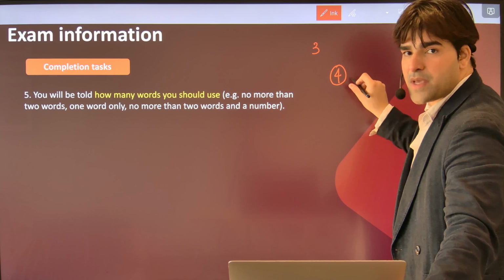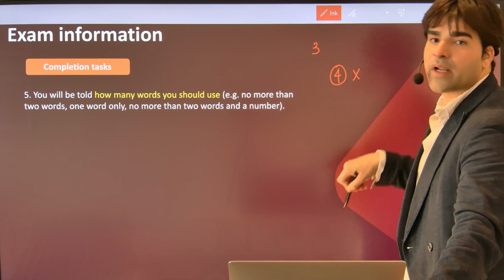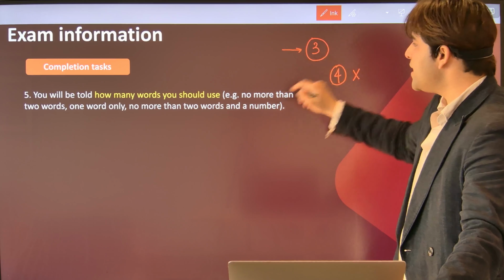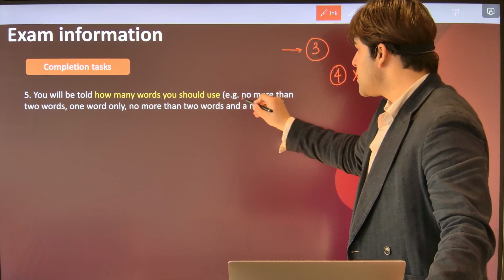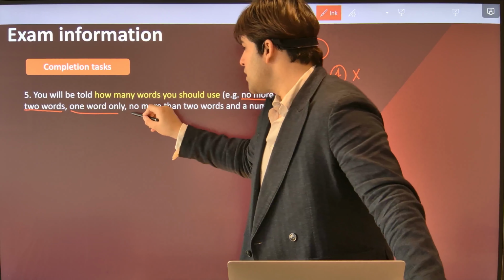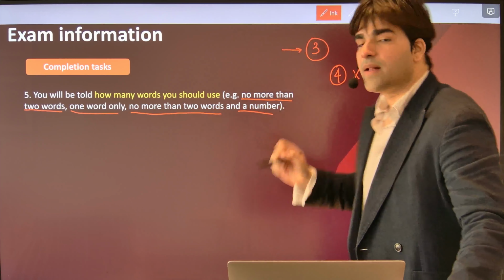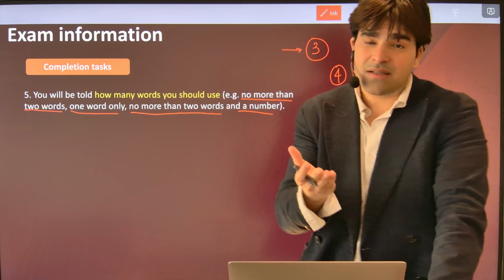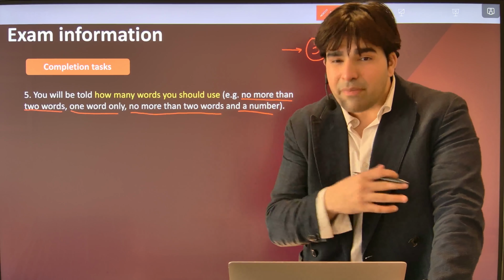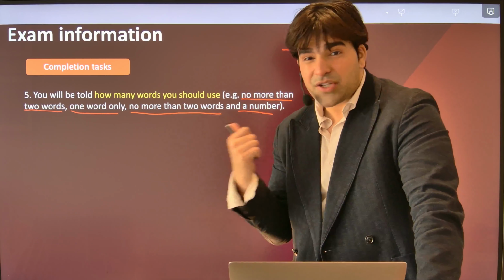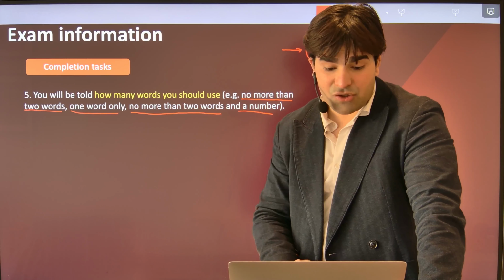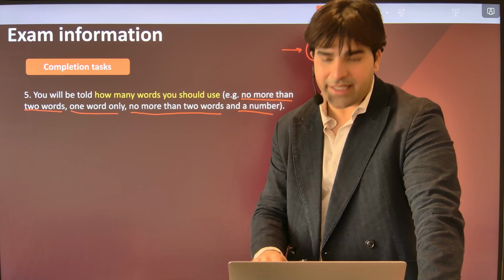Even if the piece of information is correct, you get a 0 for it. So it's very important to read the instructions carefully. Instructions will look like this: no more than 2 words, 1 word only, no more than 2 words and a number. This is how it's going to be. You must have seen it already. If you've seen completion questions before, you may have seen that the instructions very clearly state that. Okay? So this is extremely important.